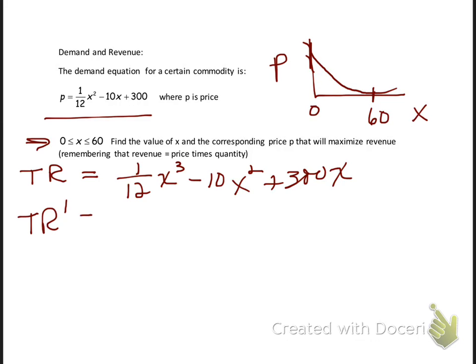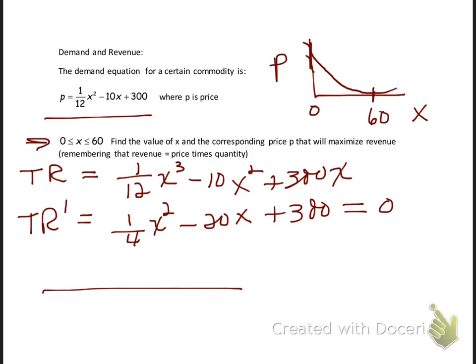Take your first derivative, and after you reduce, you should get 1/4 x squared minus 20x plus 300. Set that equal to 0 to get your critical value. You should end up with critical values of 20 and 60. Here comes the sign chart. 20, 60.